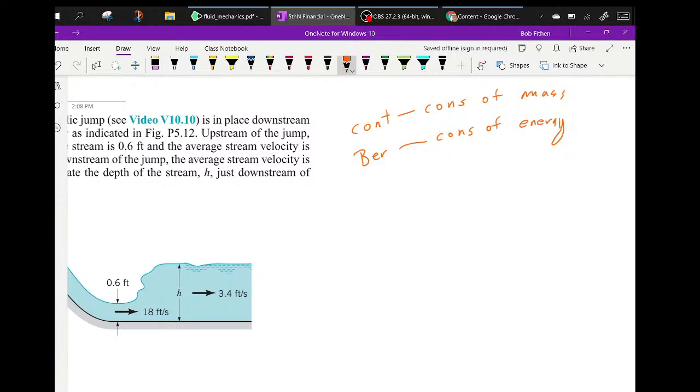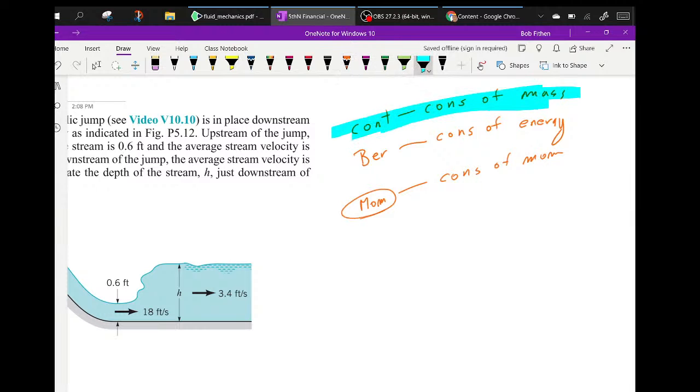Now, momentum, and they really don't have a good name for this, but it's just conservation of momentum. Now, the physical laws of nature require this one to be met, and they require this one to be met.